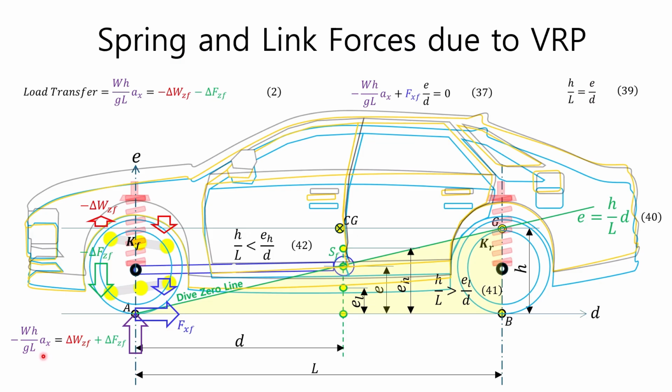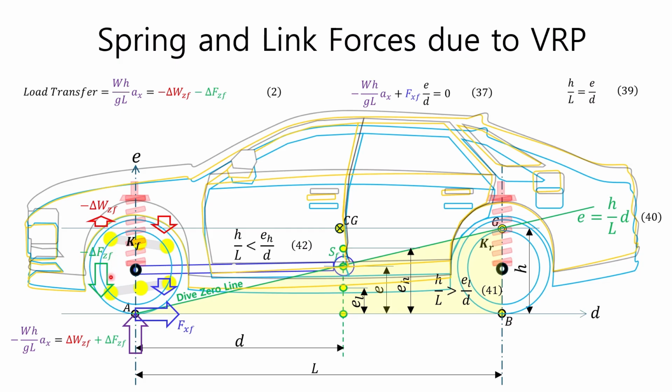In this case, since the total vertical dynamic load of the vehicle is constant, the direction of action of the spring force, delta WZF, is reversed. As the virtual reaction point rises, the compressive force on the link increases, and the tensioning force on the spring increases. In the region above the green line, the spring force, delta WZF, and the force of the suspension links, delta FZF, act in different directions.